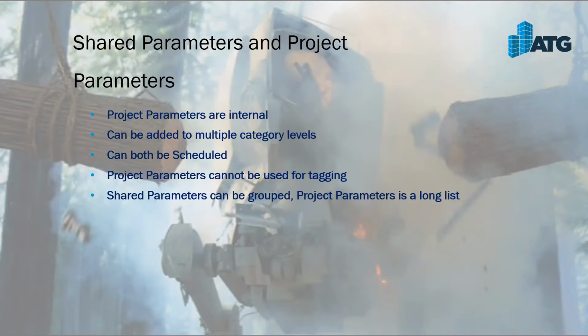Both of them can be added to multiple category levels. What that means is that if I have a parameter, let's call it simply length, I can go in and add that to a number of different categories within the list. So if it's casework or plumbing fixtures or mechanical equipment, electrical equipment, I could have length as a parameter that could be defined for all of those different categories.